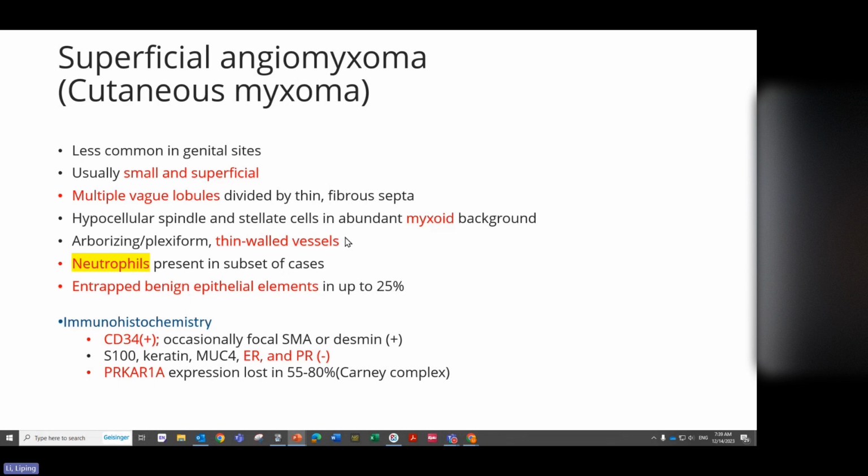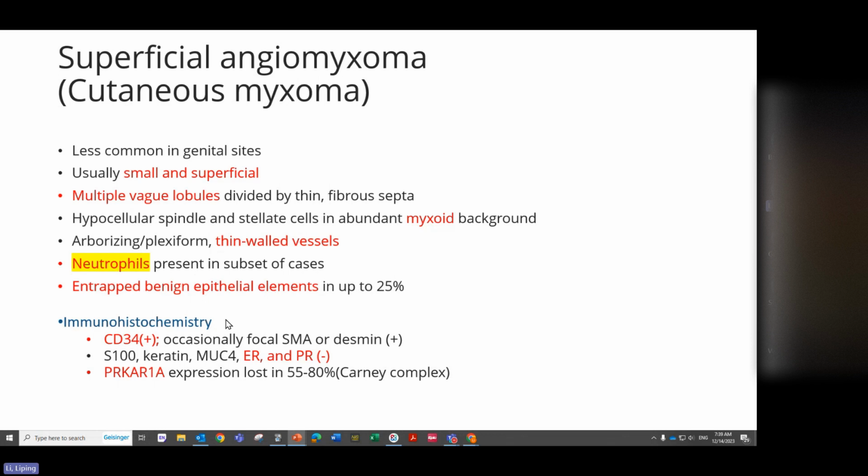And then the vessel is thin wall vessel. You will not see this highlights of vessel wall. And then I highlight here, I think for the exam's purpose, we always want to confirm this diagnosis, finding our friend neutrophil. And then this lesion also entrapped some benign epithelial elements.